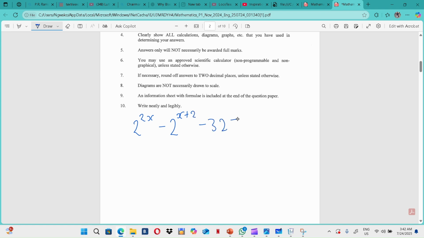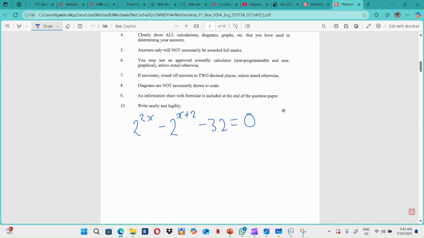Before you can even go further, this is an easy question that you get your marks and you pass. Now, the most important thing that students forget is the multiples of 32, or the powers that end up giving you 32, right?